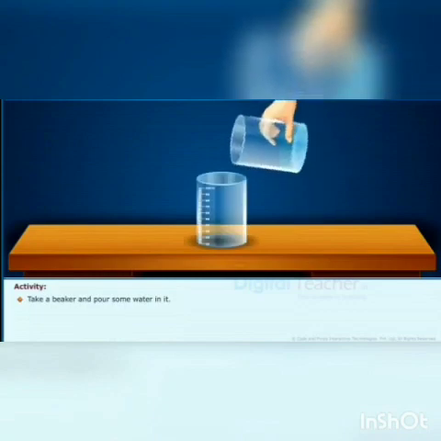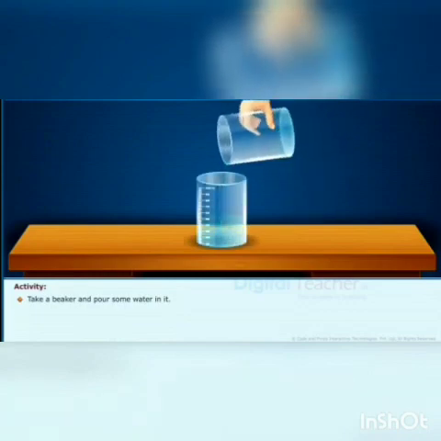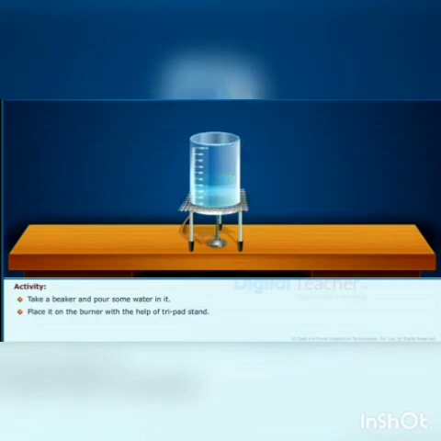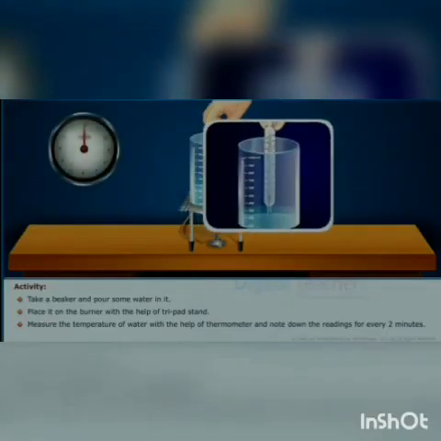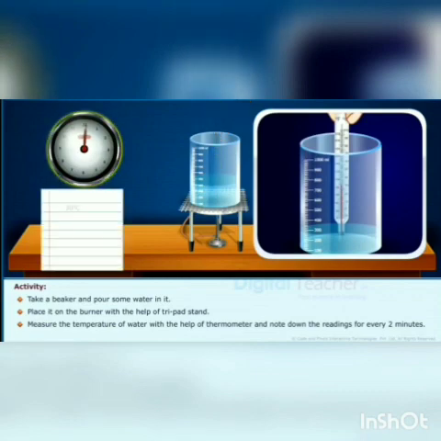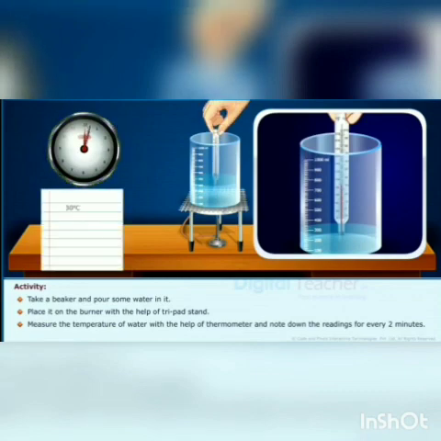Let us understand the effect of temperature on liquids. Take a beaker and pour some water in it. Place it onto the burner with the help of a tripod stand. Measure the temperature of the water with the help of a thermometer and note down the readings every 2 minutes.